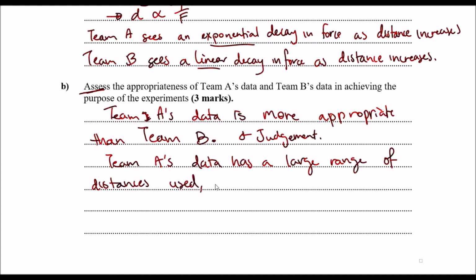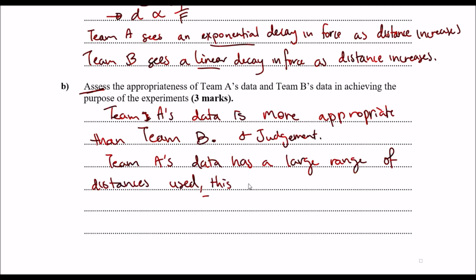And in which case, if you have a greater range of data, you have a clearer demonstration of the relationship. So with a greater range of data, you'll know whether or not you're seeing a clear pattern in between. With a really small range of data, you're really creating a more hypothetical scenario that doesn't quite reflect all the possible data points. Okay, so large range of distances used.